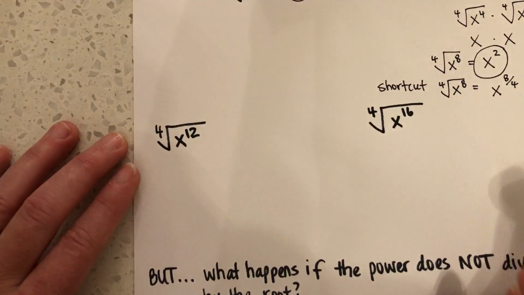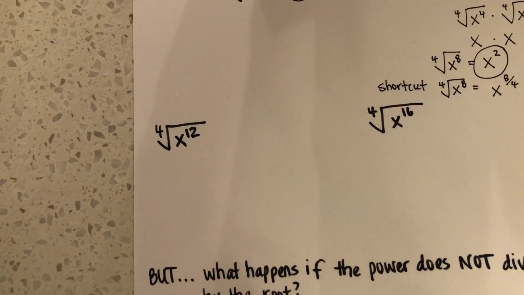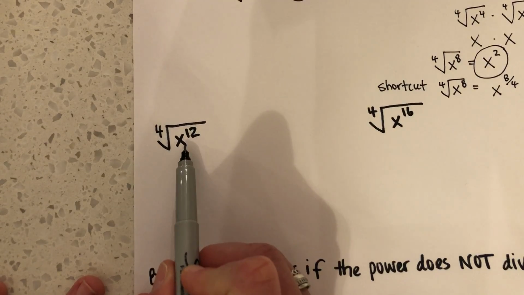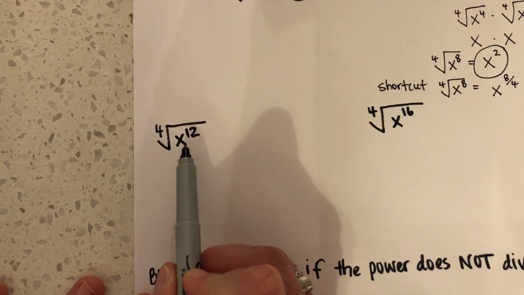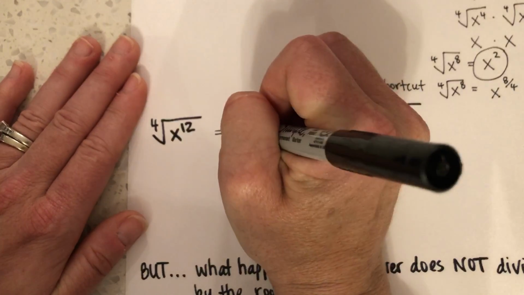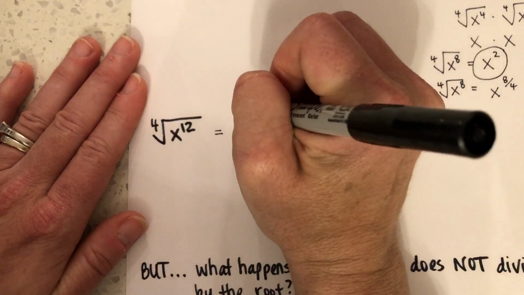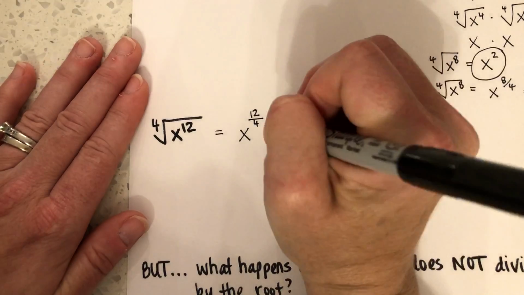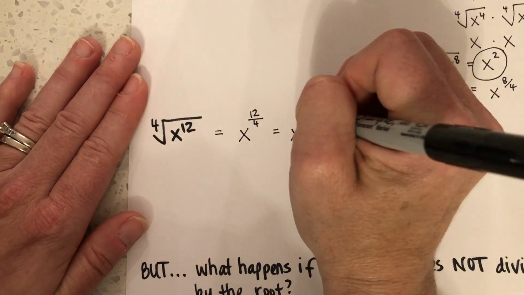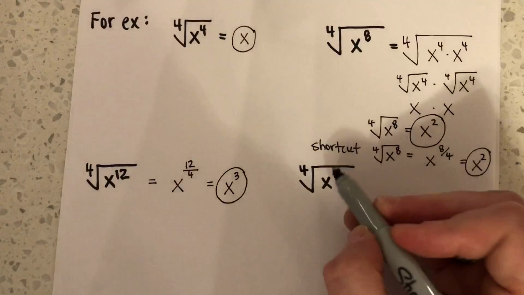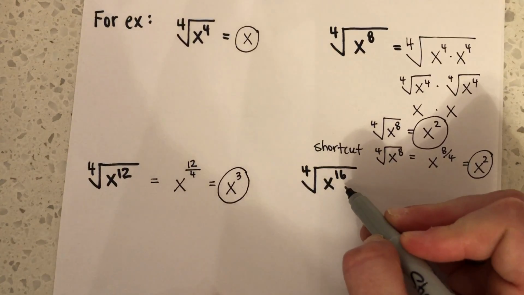All right, so if I asked you, what's the fourth root of x to the 12th? The long way would be to see how many x's to the fourth you can rewrite x to the 12th as. Or you could just do, it is going to be x to the power 12 divided by root 4. And what's 12 divided by 4? It's x to the third. Done. All right, well, what about the fourth root of x to the 16th?